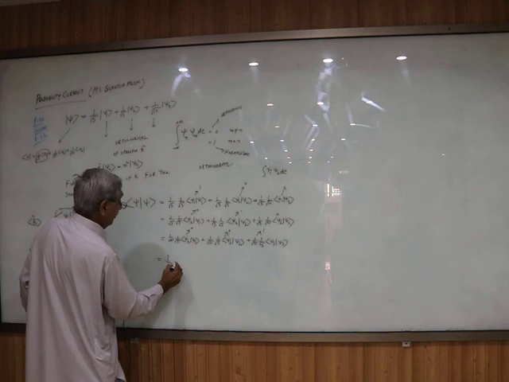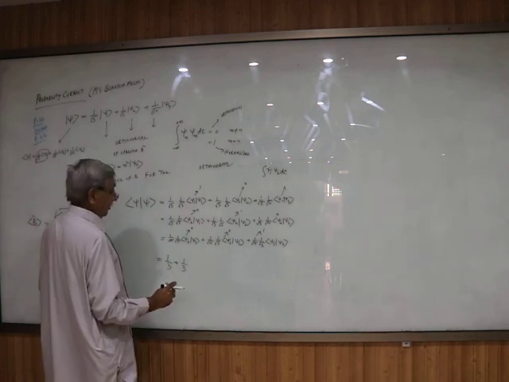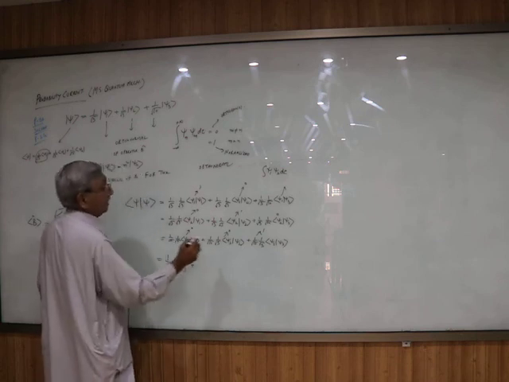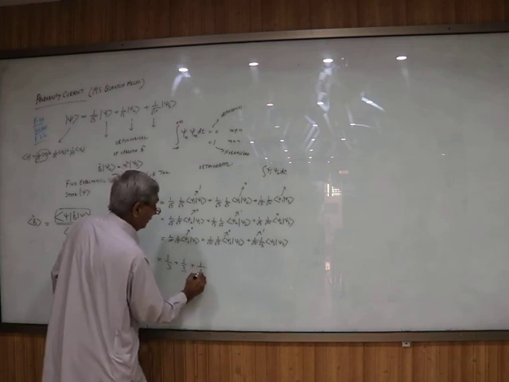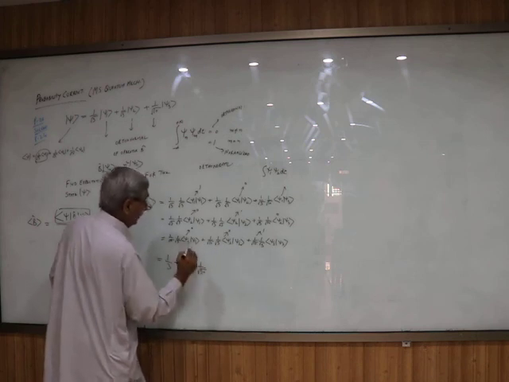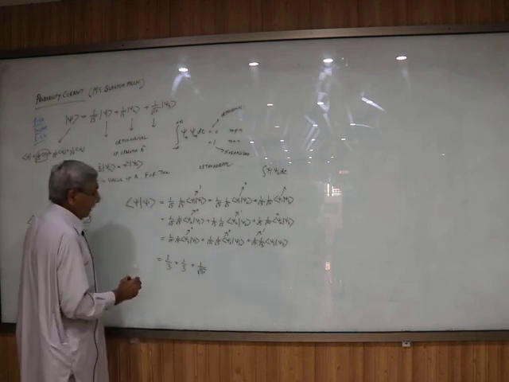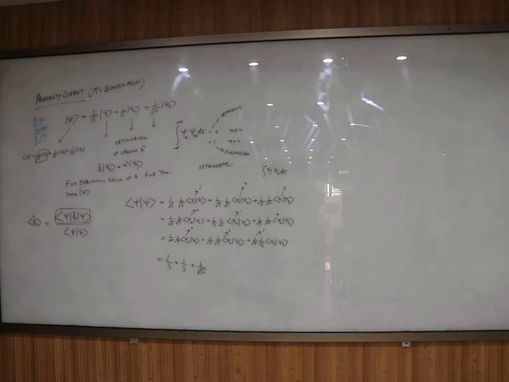Here 1 over 3, 1 over 3, the square root disappears, plus 1 over 10, and this is 1, and you just simplify it.